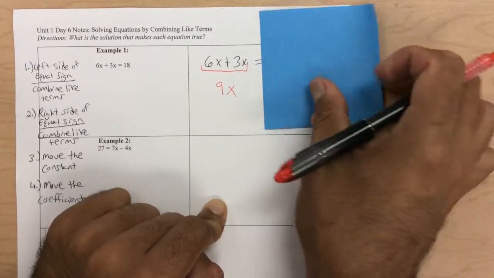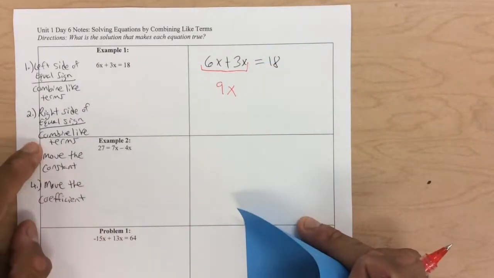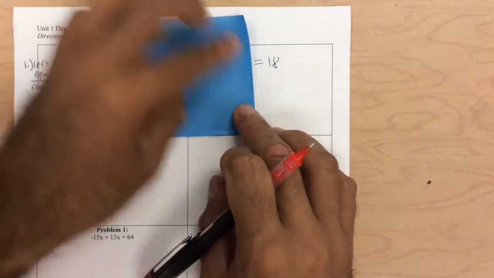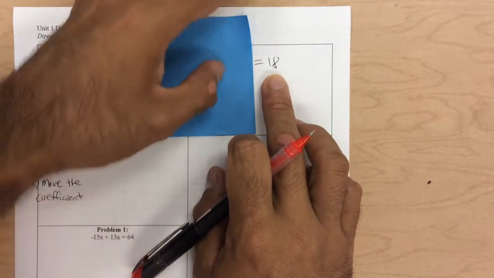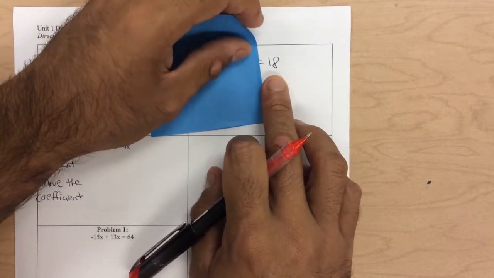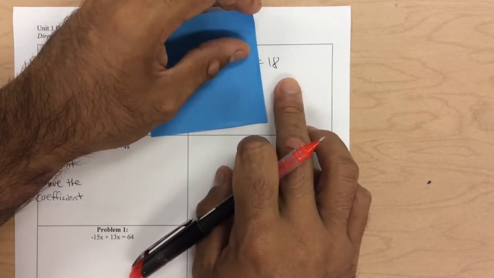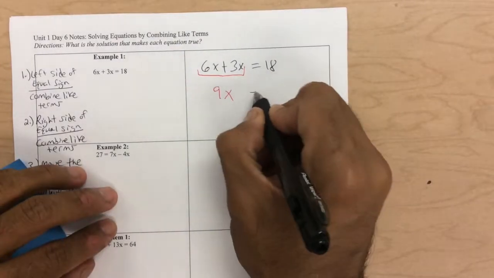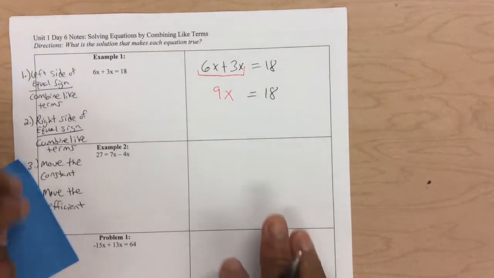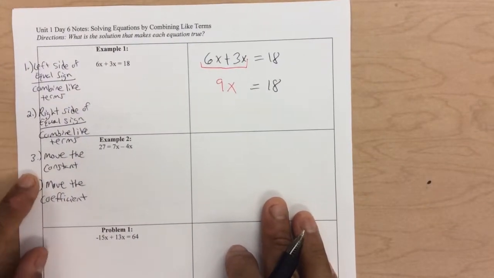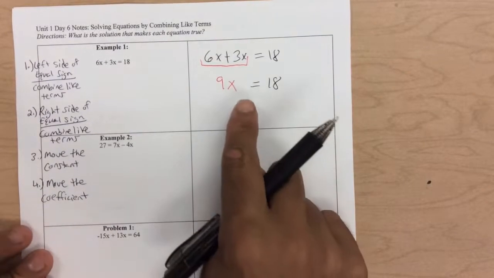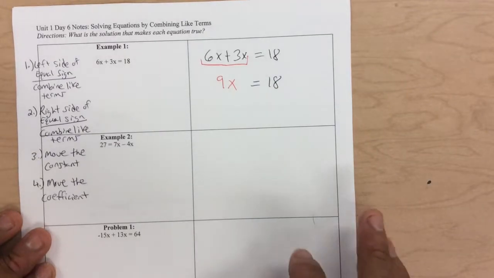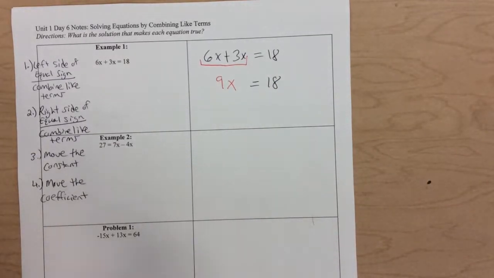Okay, that's step 1. Step 2, look at the right side of the equal sign and see if you can combine some like terms. There's the left side, the right side, and there's nothing we can combine 18 with, so all we're going to do is just bring it down. Now, step 3, move the constant. Well, there's no constant to move away from the x, so we really don't have to do step 3 in this example.